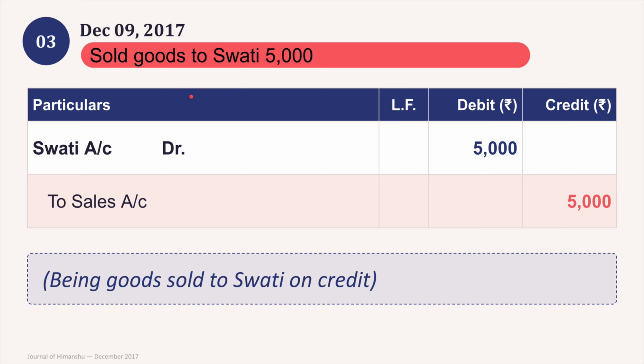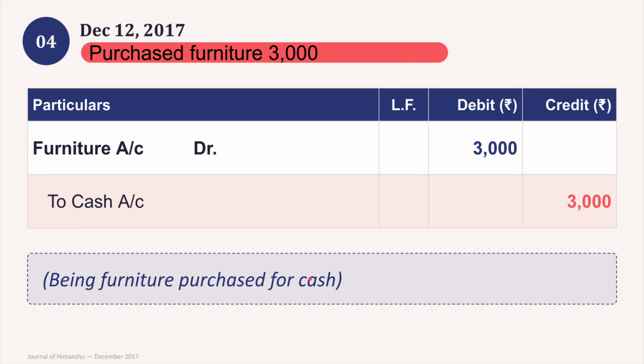So they are liable to pay me in the future, which is my current asset. So increase in current asset, I will debit Swati account, or you can say debit the receiver. So Swati has received the goods, so we will debit Swati's account 5,000 to sales account. So sales is an income, so we will credit, since all the income has to be credited. Narration will be being goods sold to Swati on credit.